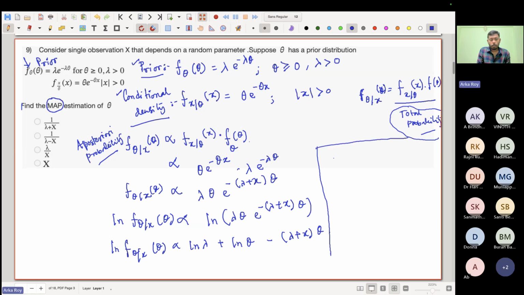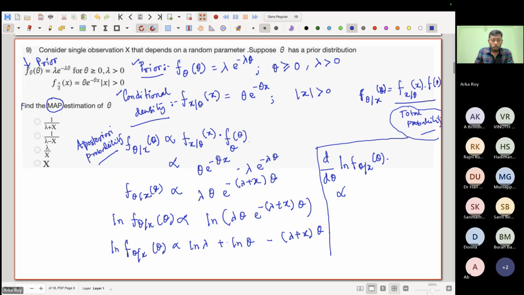So now we have to take differentiation. If I just take differentiation over here, it would give me d/dθ of ln f(θ given x), and I can still work with the proportional sign as well.